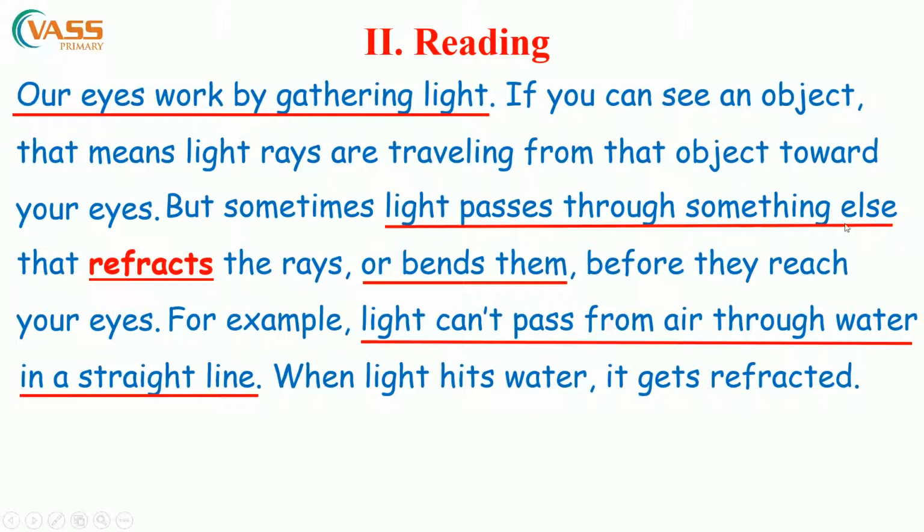Light passes through something else that refracts the rays. And another word for refracts is to bend them. Finally, light cannot pass from air through water in a straight line. This is why when we look at the glass full of water in the straw, it looks bent.